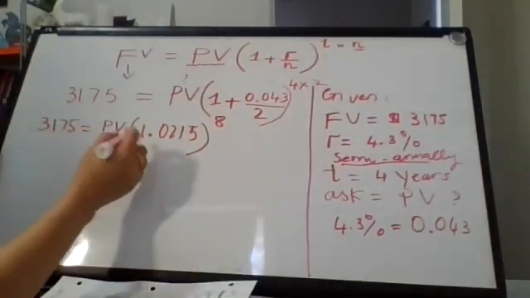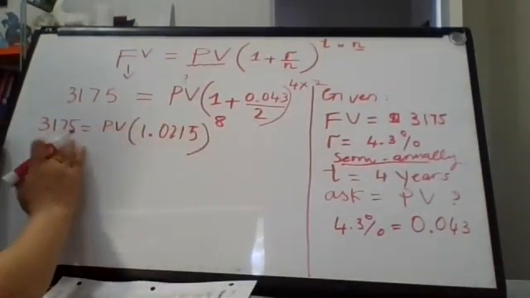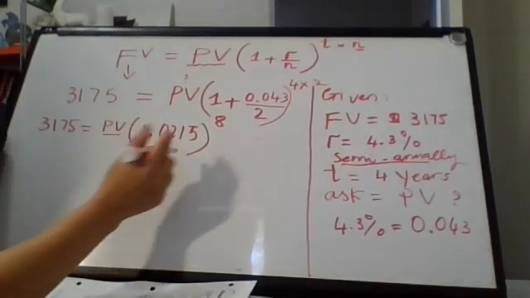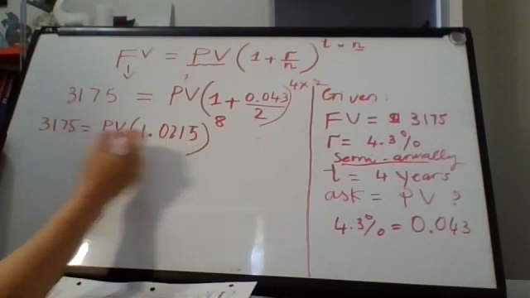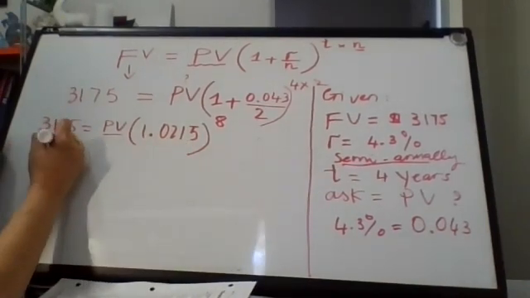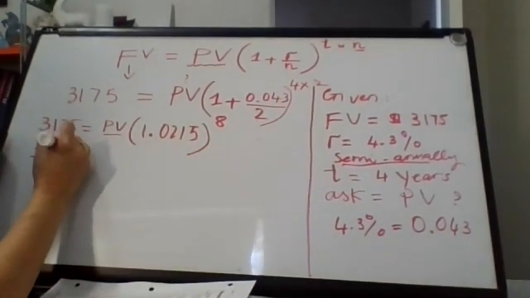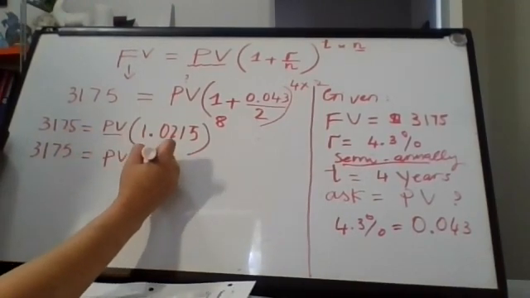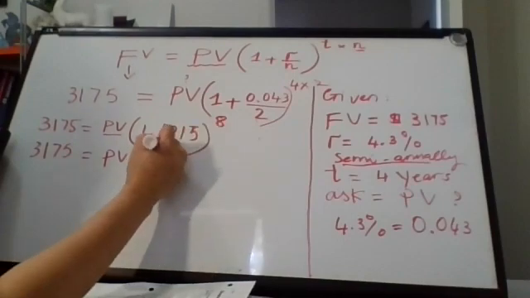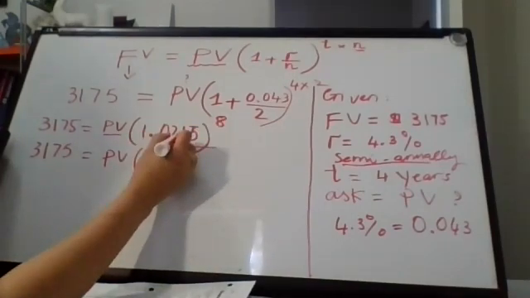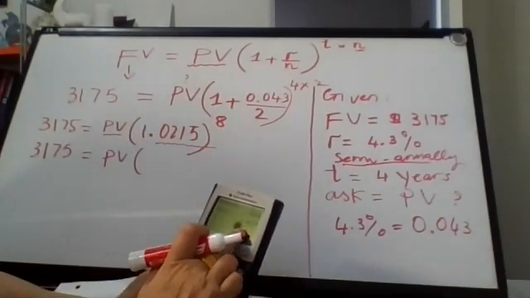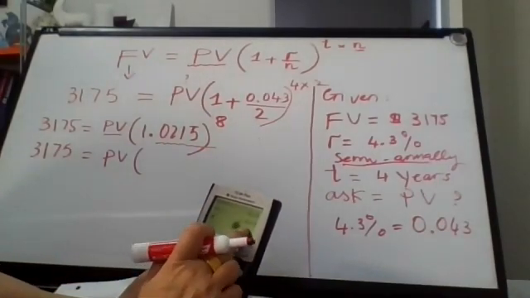Now, you know that you have to solve for the unknown PV. So I am going to simplify one more time. 3,175 equals PV times 1.0215 to the power 8. On my calculator, I leave it there. I'm not going to erase it.